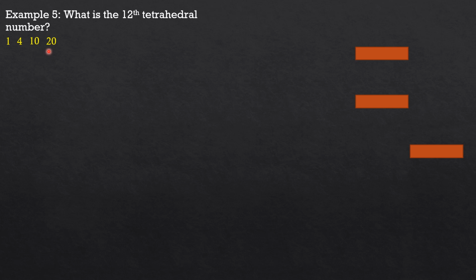After 10, the next triangular number is 15. So 20 plus 15, 35. After 15 plus 6, so 21. The next triangular number is 21. 35 plus 21 is 56. After 21 is 28. 56 plus 28 is 84.